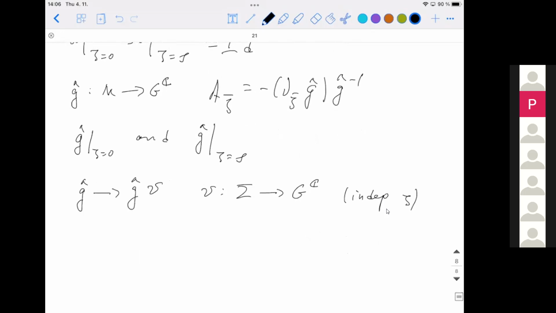So if we apply this freedom again, then we can fix G at, let's say, zeta 0 to be identity, at infinity to be identity, then we have left only one gauge degree of freedom, which we will just call G, just at the 0.